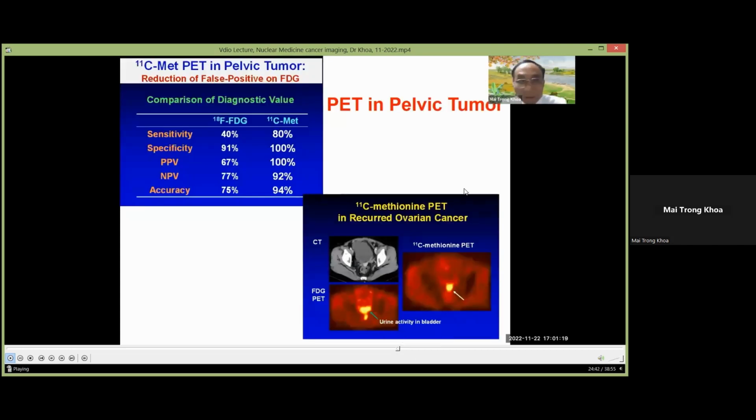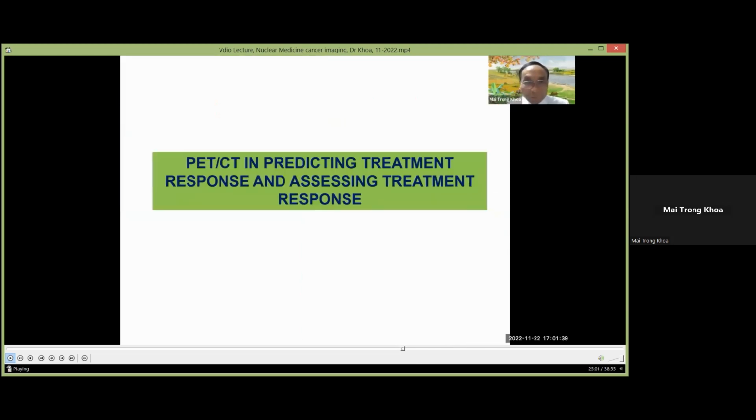And for pelvic cancer, we have much higher sensitivity and specificity between the two different radiopharmaceuticals. You can see here. And PET-CT also has an important role in predicting and responding to treatment.